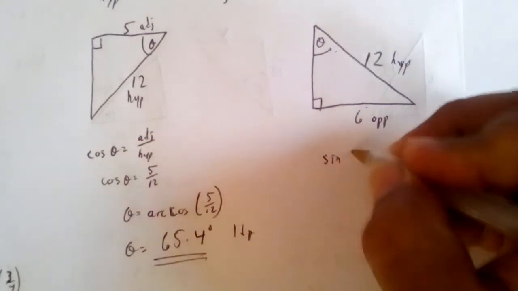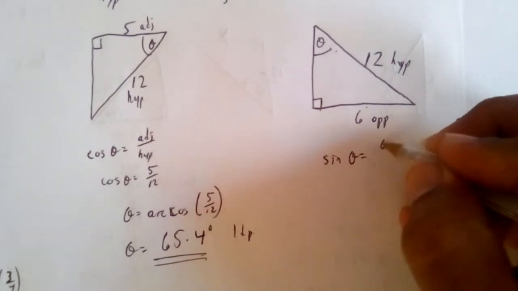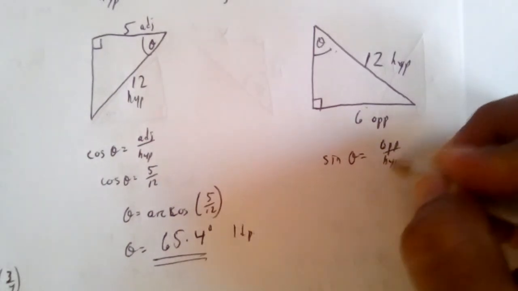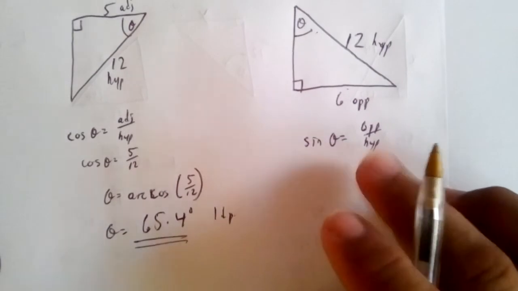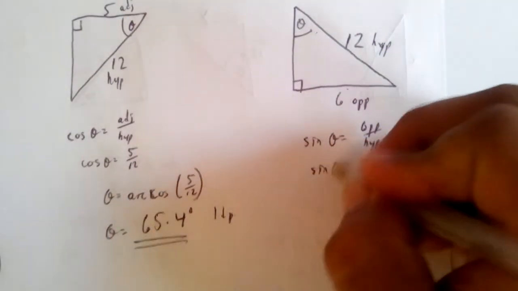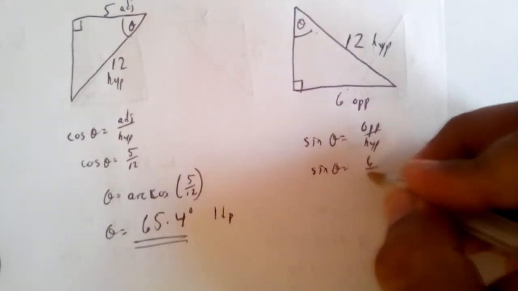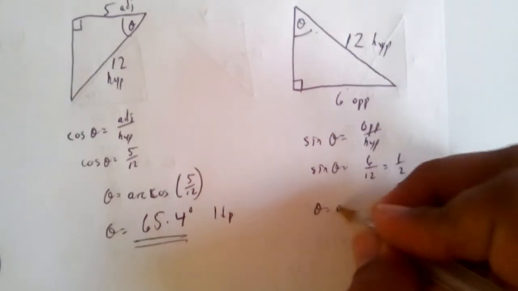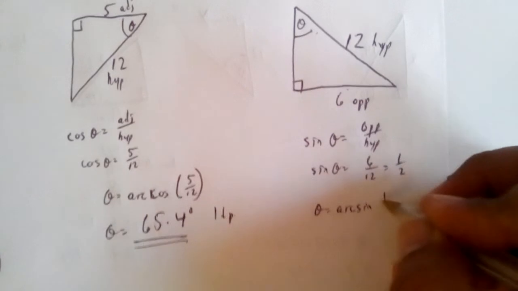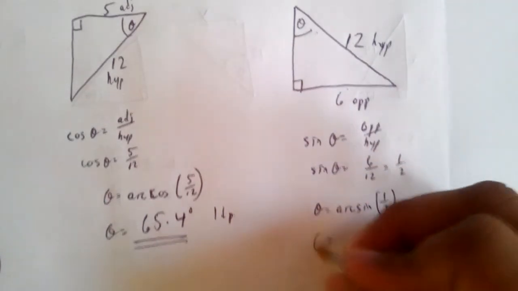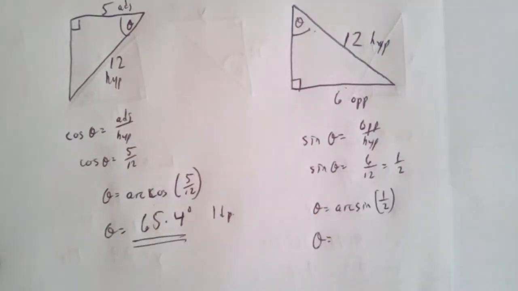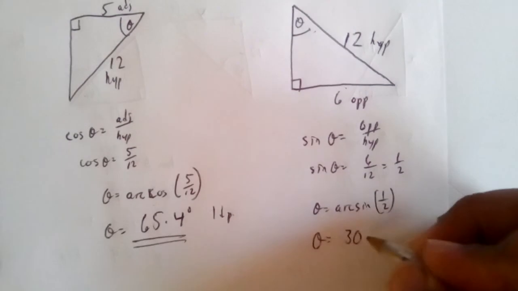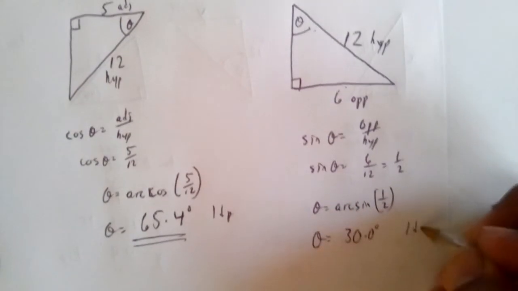The sine of the angle is equal to opposite over hypotenuse, and it's good practice for you to write down the formula that you will be using. So the sine of the angle is equal to 6 over 12, which is 1/2, and so the angle is equal to arc sin 1 over 2, which is 0.5, and that will give us 30 degrees to 1 dp.